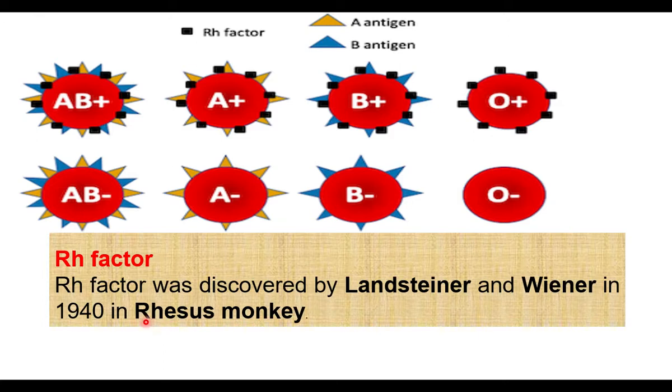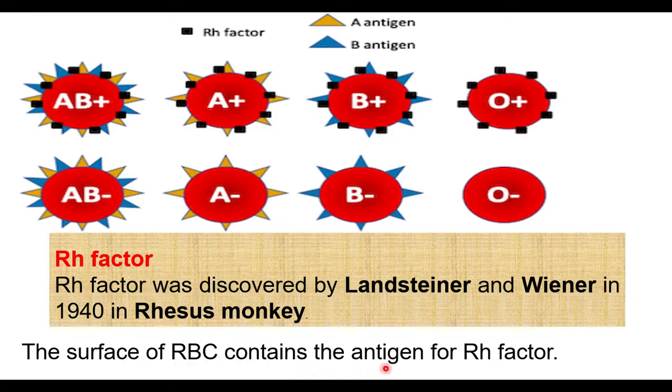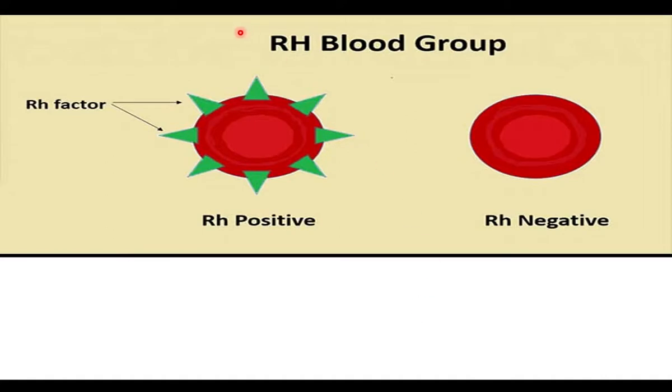So the first letter R, first two letters Rh. The surface of RBC contains the antigen for Rh factor. This is Rh positive, this is Rh negative. If Rh antigen is present, here it is given in green color. If Rh antigen is present on the surface of red blood cell, the blood group is Rh positive.